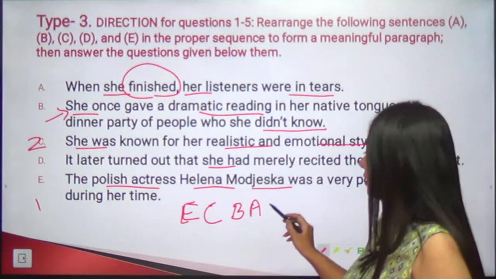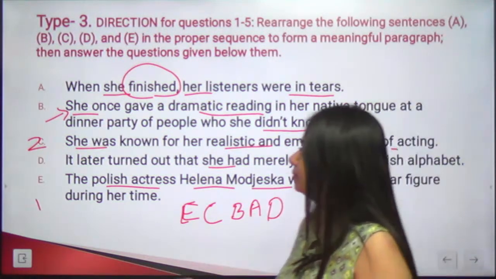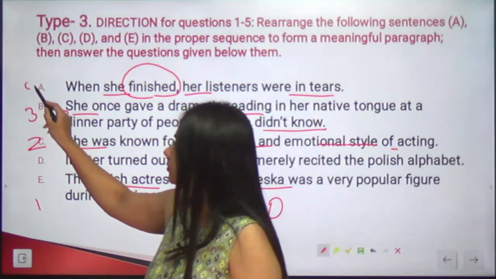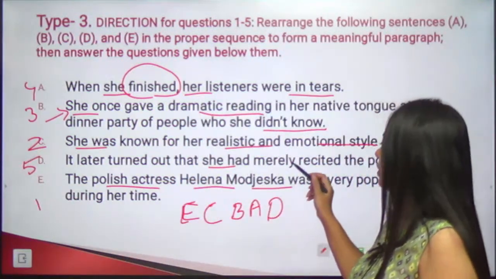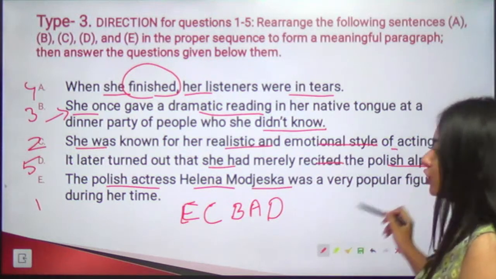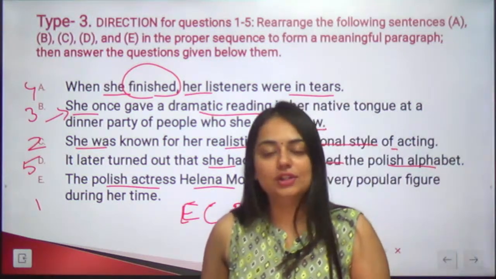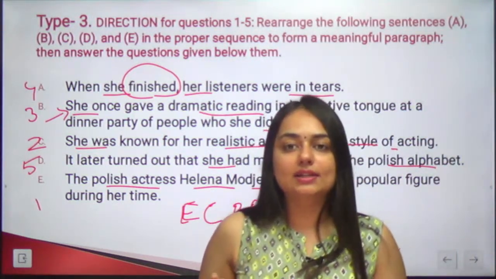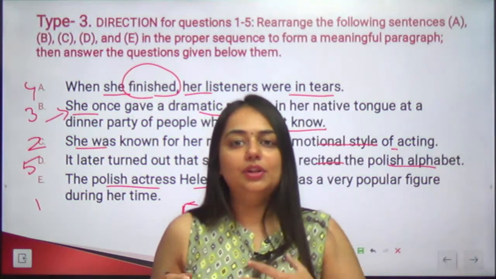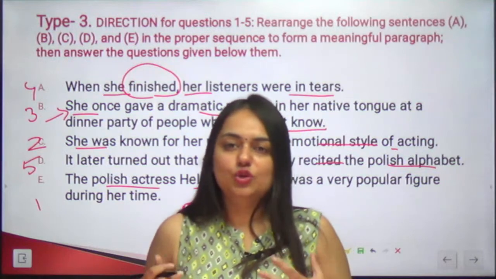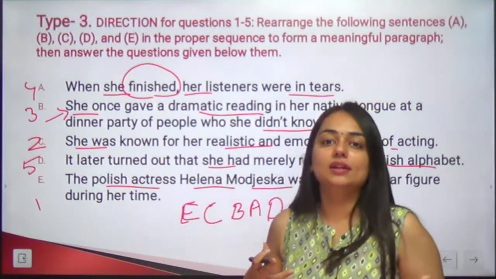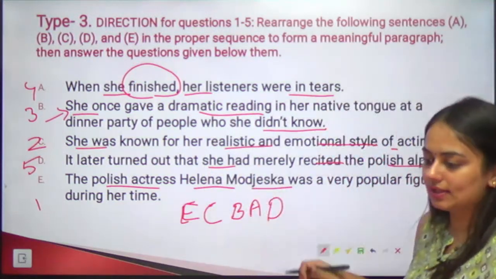That is amazing. And the last one will be D. It later turned out that she had merely recited the Polish alphabet. So she wasn't actually reciting a case. They were simple alphabets. But the way she presented it was so moving that people were in tears. So this is the right sequence of this one.